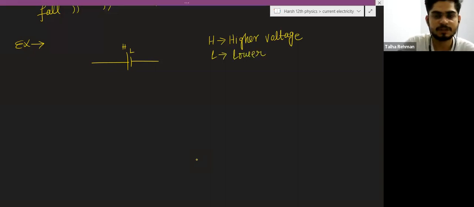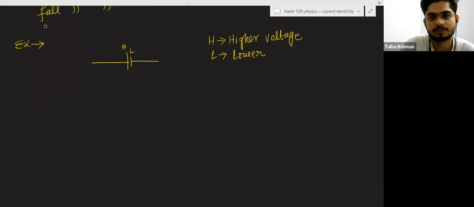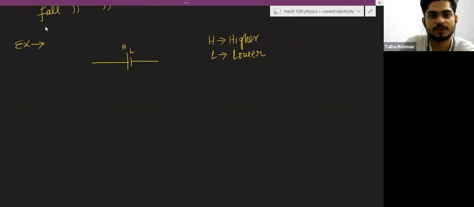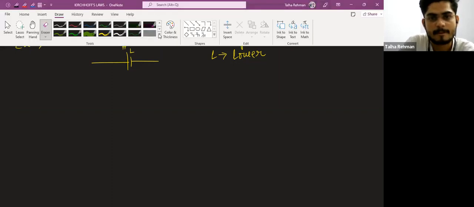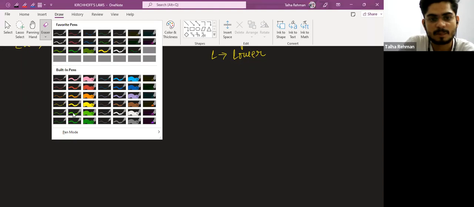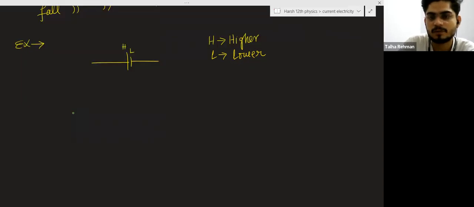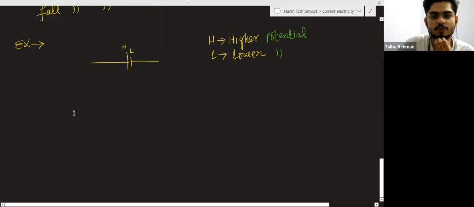Not voltage, this will be potential, because voltage is the difference of potential. This is the higher potential, and this is the lower potential.